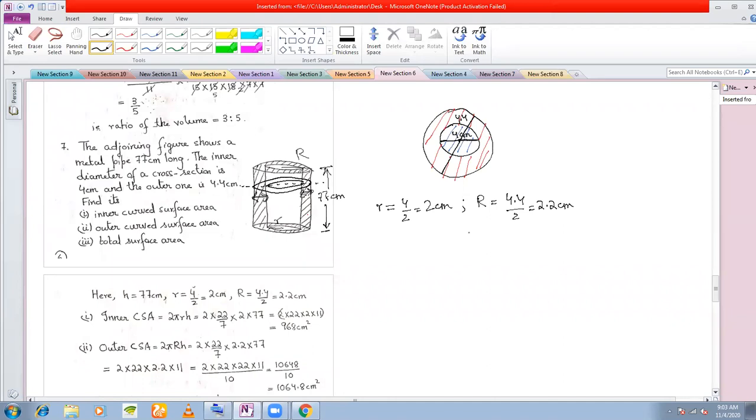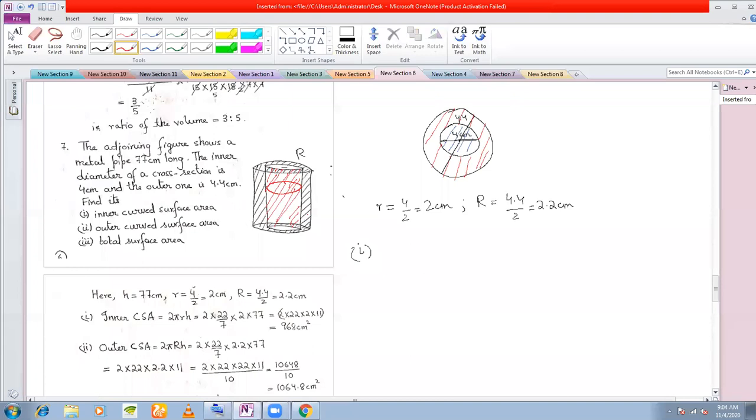The question is to find the inner curved surface area. What do you mean by inner curved surface area? This cylinder that you see has a curved surface here, this curved surface, except the two circles on top and bottom.